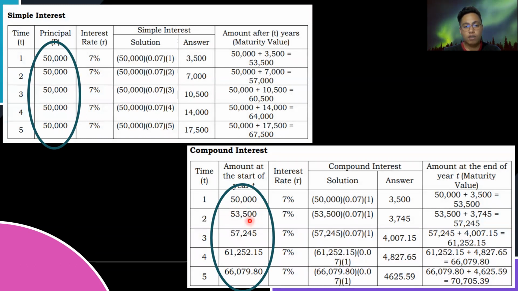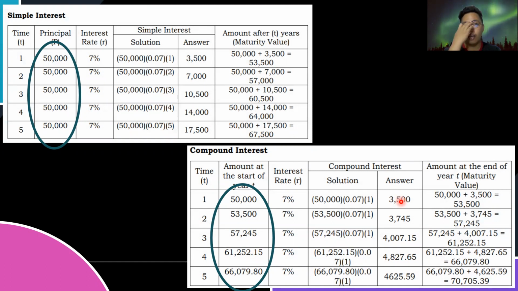The additional 3,500 added to this second year is obtained from the interest on the first year. So imagine that your money in a bank, or the money loaned in the first year, increased with interest, so you put it on the principal amount in the second year. Why? Because that could be used again.